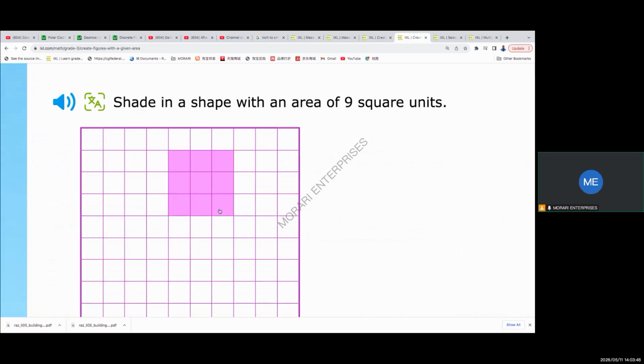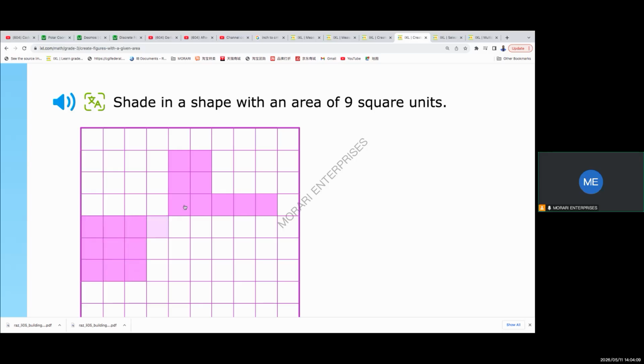They're asking us to shade 9. Well, I can shade 9 as 3 by 3. That would be okay. But I can also shade 6 here, and I shade the 3 extra ones here. This space still has the same area as doing your 9 like this.